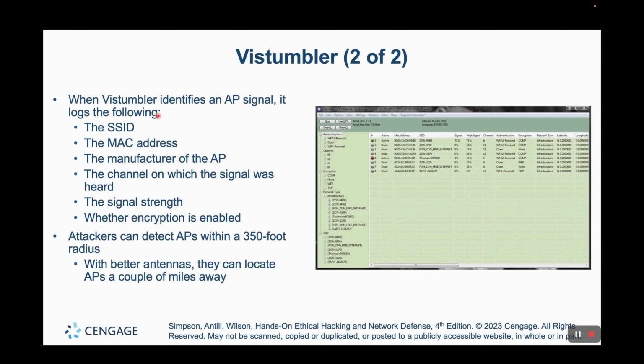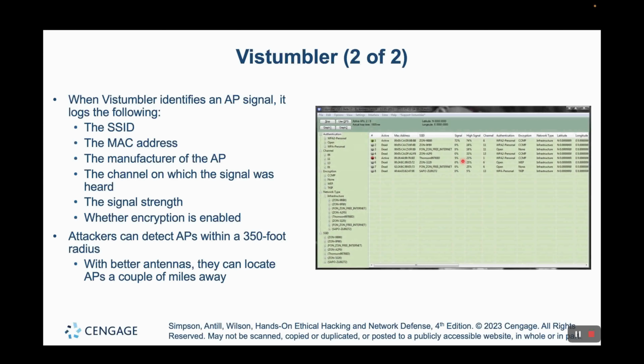Now, the things that it can identify, for example, like you see here: the SSID, here's the SSID, the MAC address, here's the MAC address, the manufacturer, like in some cases you might be able to see the manufacturer company of it, the channel, and here you see the channel right here, the signal strength, it's over here.